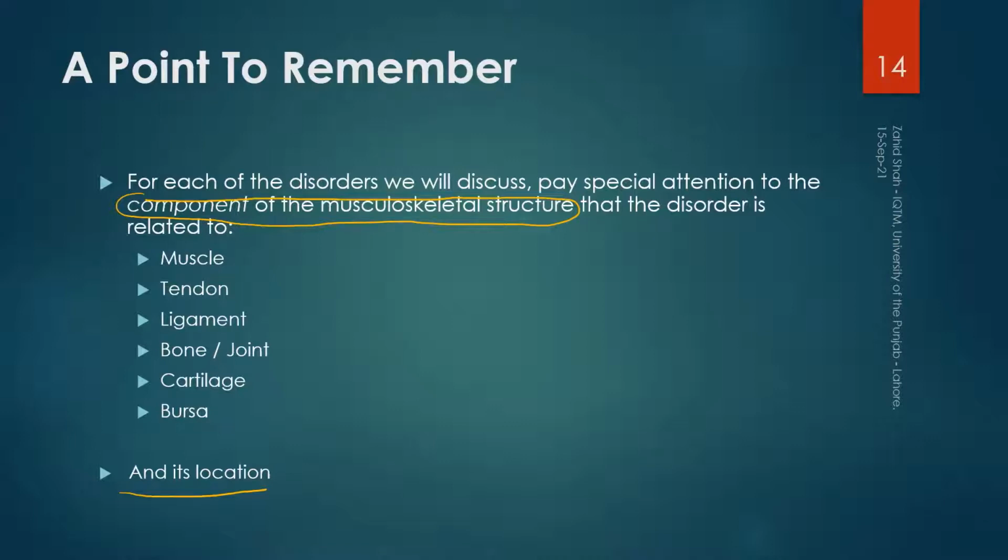For example, a disorder may affect tendons, but you have to see whether they are the tendons of, say, your fingers, or a tendon in the forearm. So location is also important. If you pay attention to only these two factors, then it will be very easy for you to remember those disorders. And the third factor is the reasons or causes of that disorder.